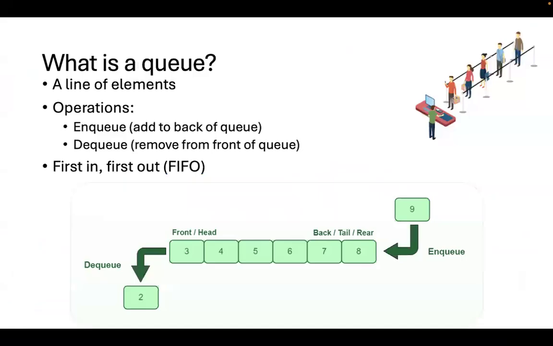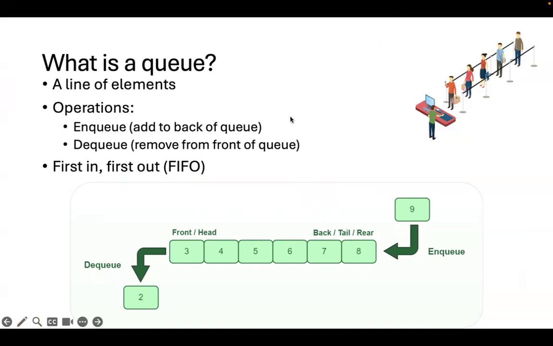Okay. So the other thing is a queue, and a queue is just a line of elements. So if we were British, then it would make more sense because that's the word that they use for this. So for us, we enter the line at the grocery store. They just queue. So that's probably where the name comes from.